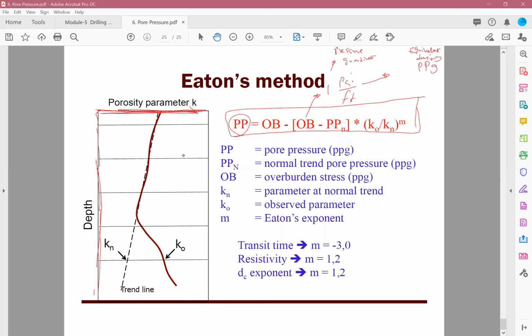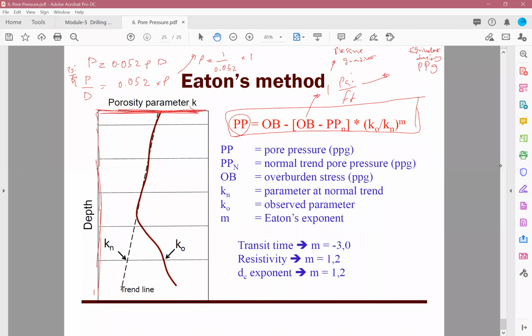Pressure is equal to 0.052 times density times depth, and pressure over depth is called psi per foot, or gradient. So the gradient is equal to 0.052 multiplied by density. All you need to do is density equals 1 over 0.052 multiplied by your pressure gradient.